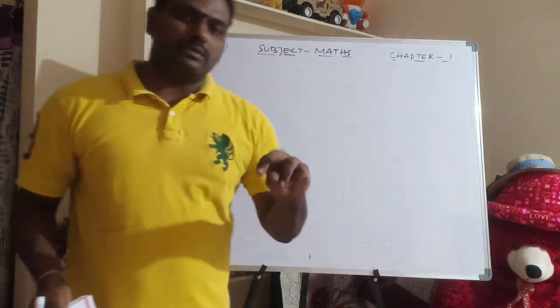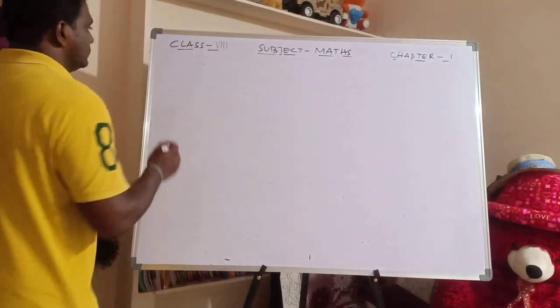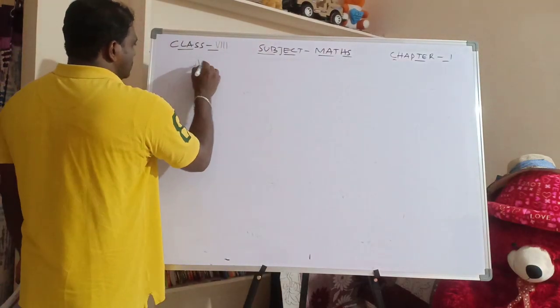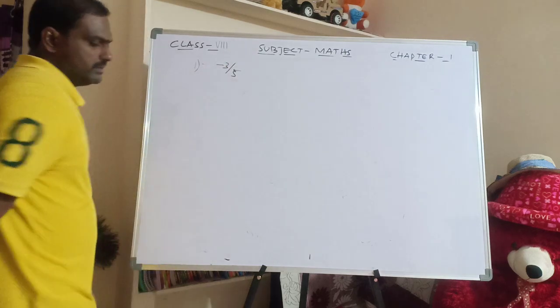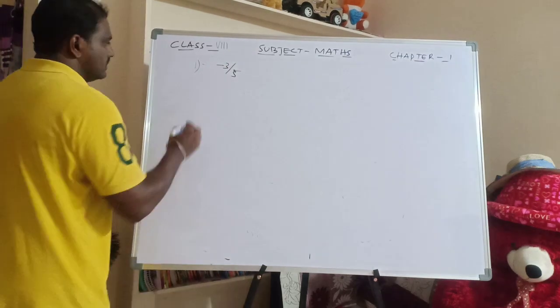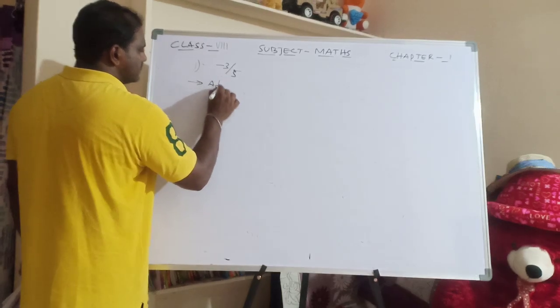We have to write both the additive inverse and the multiplicative inverse. So first I am taking minus 3 by 5. The first one is the additive inverse.